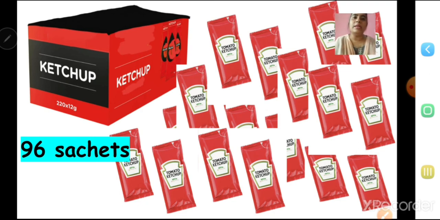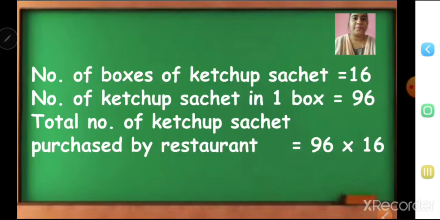So we have to multiply both of them to find out how many total ketchup sachets are there. So let us see the statements. Number of boxes of ketchup sachet is equal to 16. Number of ketchup sachet in one box is equal to 96. Total number of ketchup sachet purchased by restaurant is equal to 96 multiplied by 16. If we multiply, then only we will get the answer.